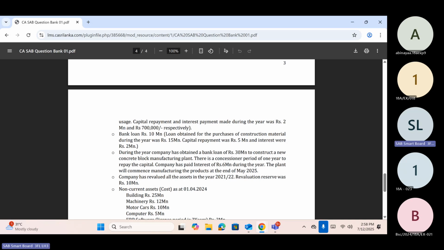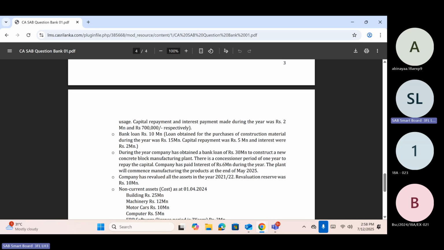Allowable finance cost. Right? From there, because this is a company, in case of a partnership or sole proprietorship, this interest we can deduct. Finance cost we can deduct. But in case of the company, we have to work out what the deductible amount is from allowable finance cost.